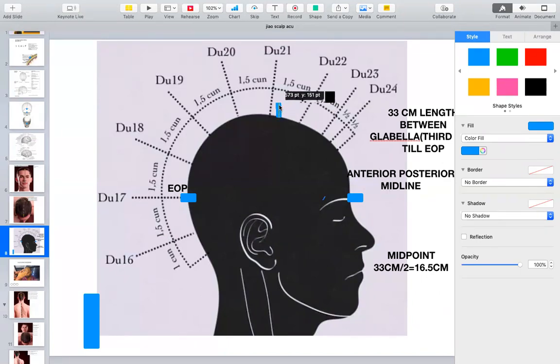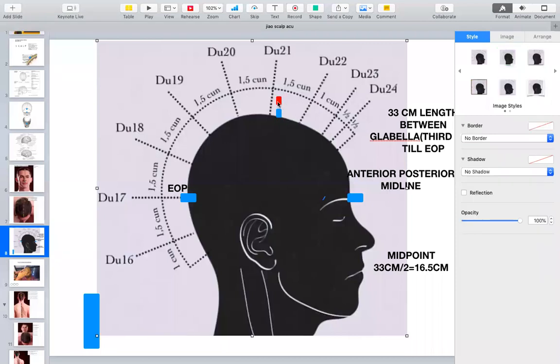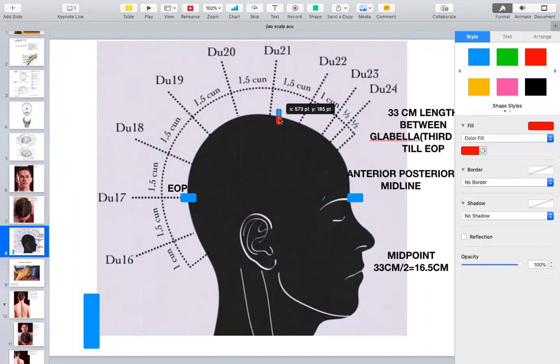From this midpoint, now this midpoint is our landmark. We are not using this point for any other purpose. This midpoint will be only our landmark. From this midpoint, I am going only 0.5 centimeter back, only and only 0.5 centimeter back.